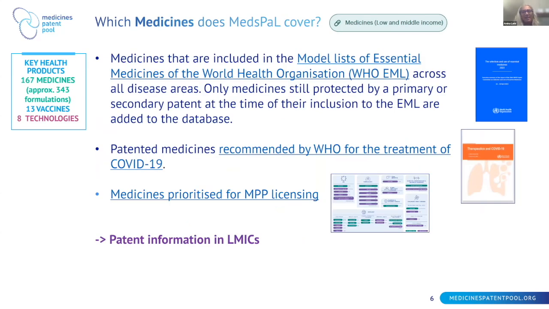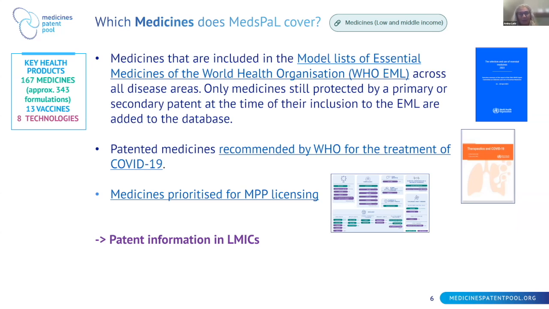On the medicines, we include in MedsPaL today all medicines that are included in the WHO Model List of Essential Medicines, and we do this across all disease areas. We only include the medicines that are still protected by a primary or secondary patent at the time of their inclusion into the EML.